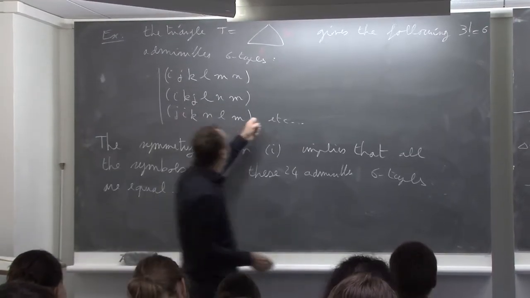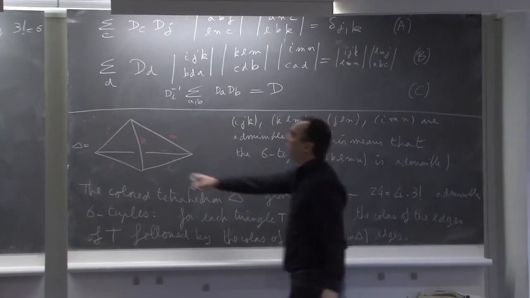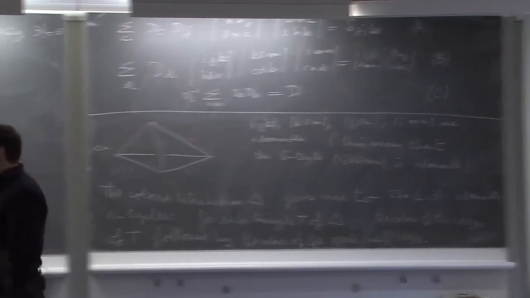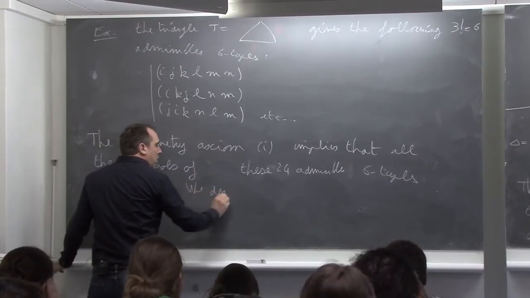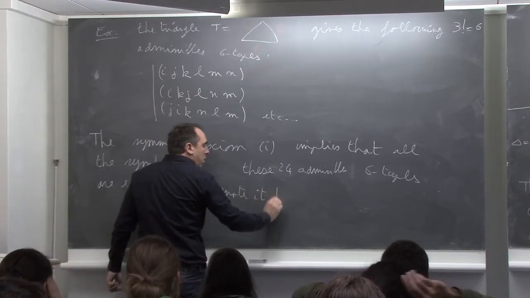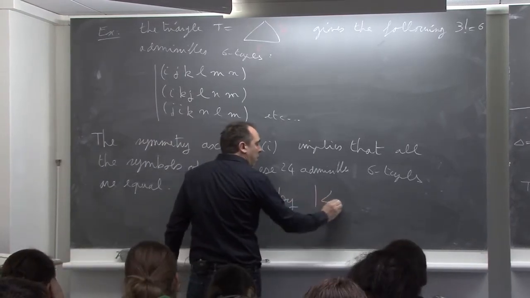So never mind which admissible tuple you extract from this colored tetrahedron, the symbol is the same. So, and we denote it like this.